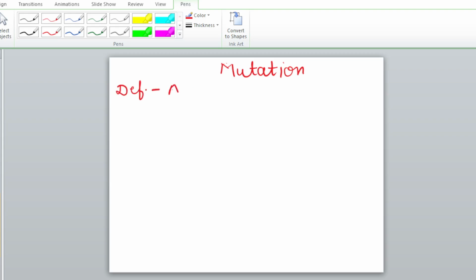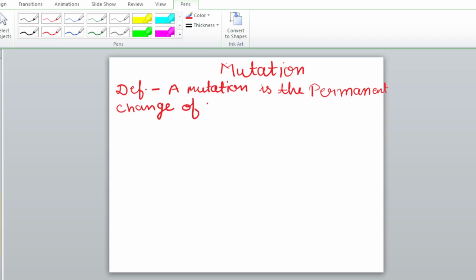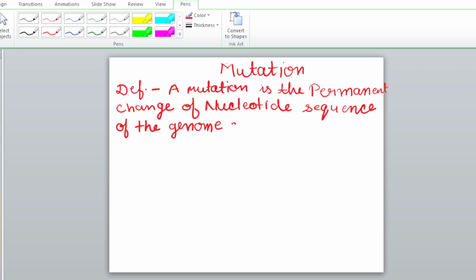What is mutation? A mutation is the permanent change of nucleotide sequences of the genome of an organism.